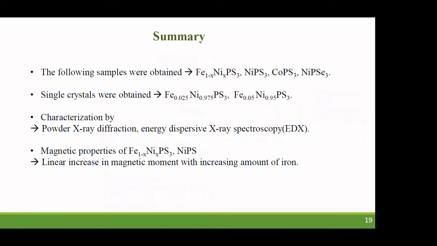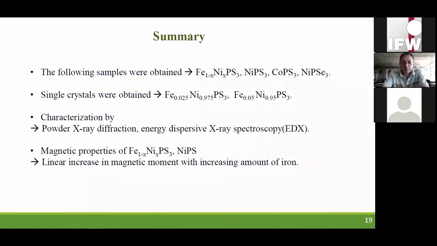In conclusion, I want to say that using solid-state synthesis the following samples were obtained: iron, nickel, phosphor, sulfur 3 with different amounts of iron, cobalt, phosphor, sulfur 3, and nickel, phosphor, selenium 3. Using a CVD technique, the next samples were obtained: iron, nickel, phosphor, sulfur 3 with 2.5% and 5% of iron.